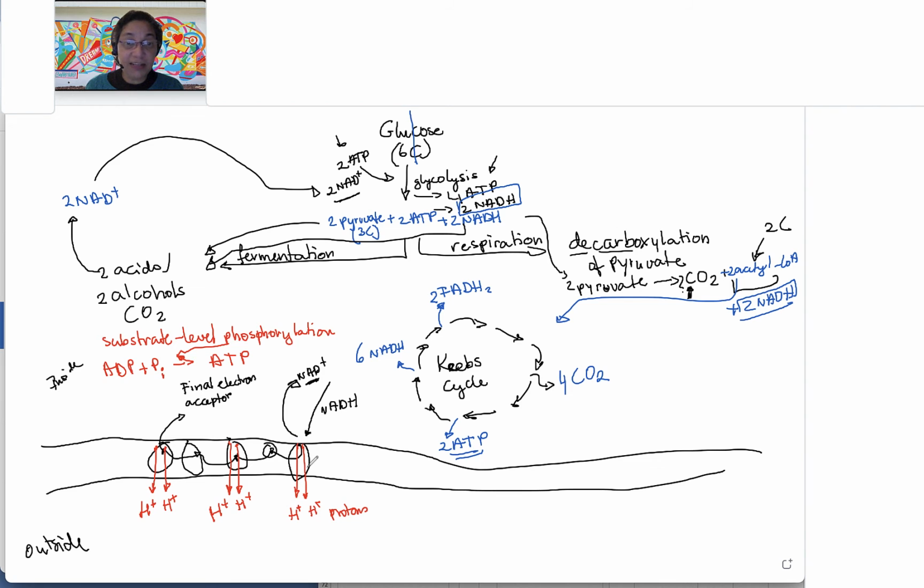This protein here becomes reduced when it takes on the electron. When it passes the electron on, it becomes oxidized again. Then the second molecule becomes reduced, passes down the electron, becomes oxidized. So each of these goes reduced, oxidized, reduced, oxidized, and so on and so forth, right? Until the final electron acceptor lands on another molecule that becomes reduced, and that is the end of the chain.